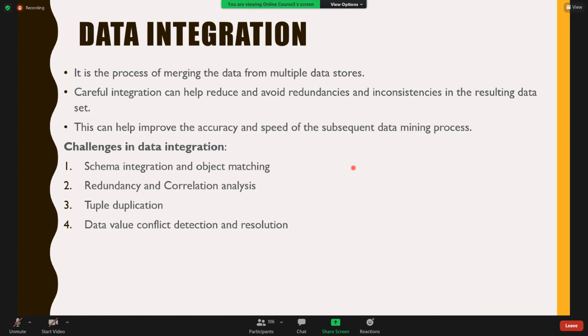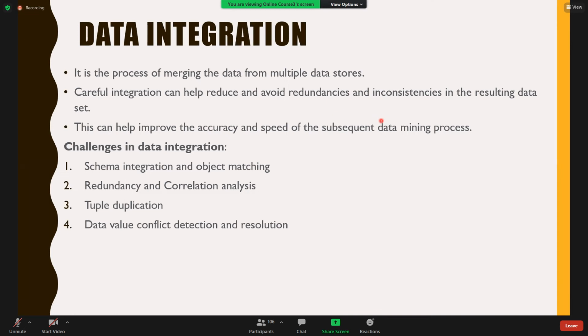One of the steps is data cleaning, what we have discussed now, and next one is data integration. Okay, so data integration means, yeah, so we are merging the data from multiple data stores. So careful integration is required. It helps to reduce or avoid the redundancies and inconsistencies in the resulting data set. Okay.